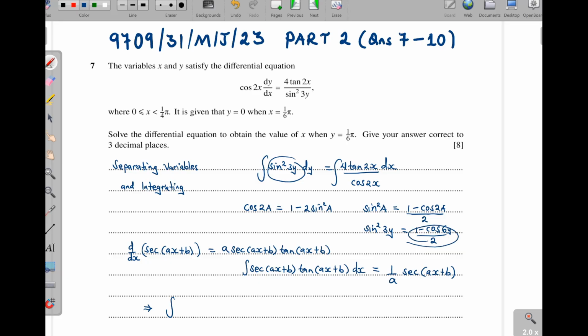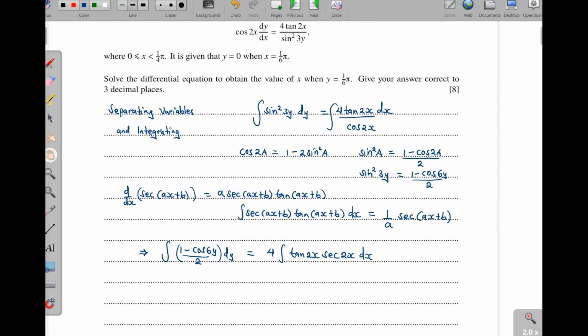Now, when we come back to this one here, I will now have the integral of this one, remember, is this. So I will say 1 minus the cosine of 6y out of 2 with respect to y. Then this one will be equal to, we have a 4, I can put it outside. Then tan of 2x, 1 over cosine is sec, not so? Sec of 2x dx.